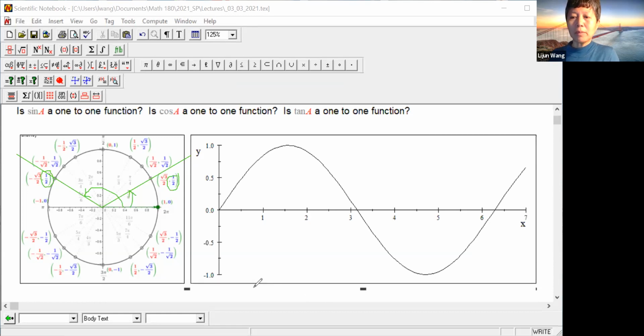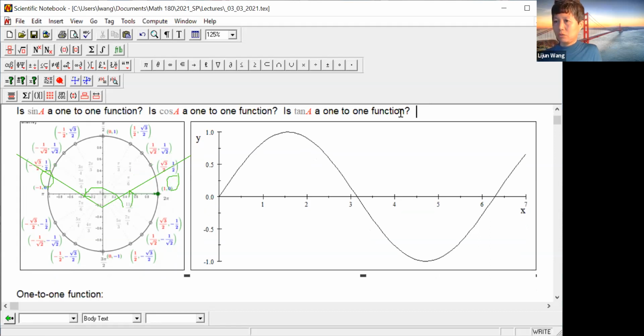We talk about how you only need to give one counterexample to say this function is not one-to-one. Do you follow me? That's how you speak it. You have to put it in words to make your point.